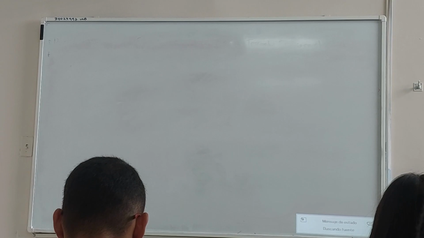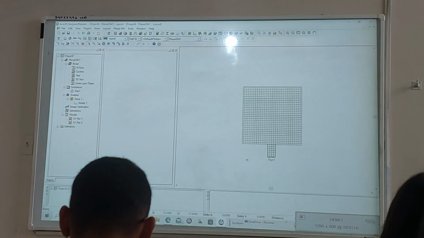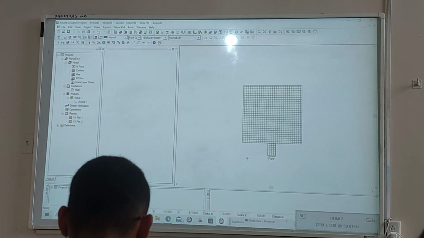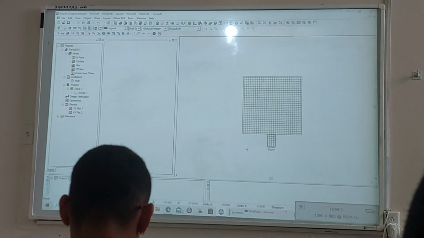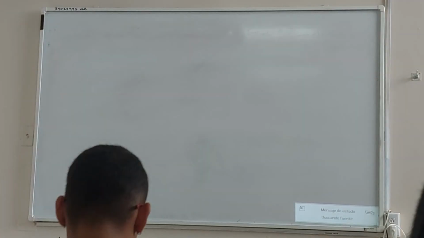To design this structure, the first step is to simulate the antenna with a coaxial excitation. Why? Because first we need to define in the best way the length or the size of the cable.